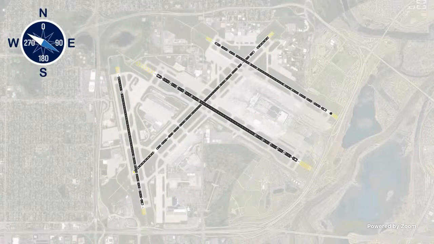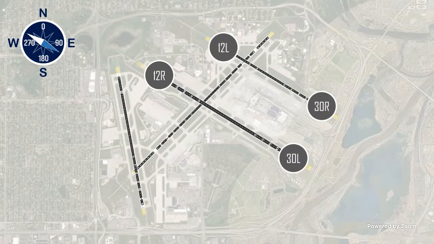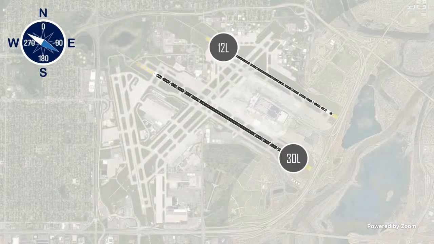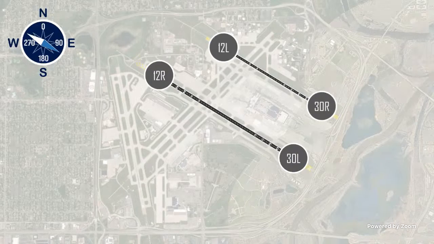For example, runway 12/30 has a compass heading of approximately 120 degrees in one direction and 300 degrees in the opposite direction. If you drop the 0 at the end of the compass heading, you will get 12 and 30. Parallel runways are further designated with L for left or R for right as you approach or depart the runway.